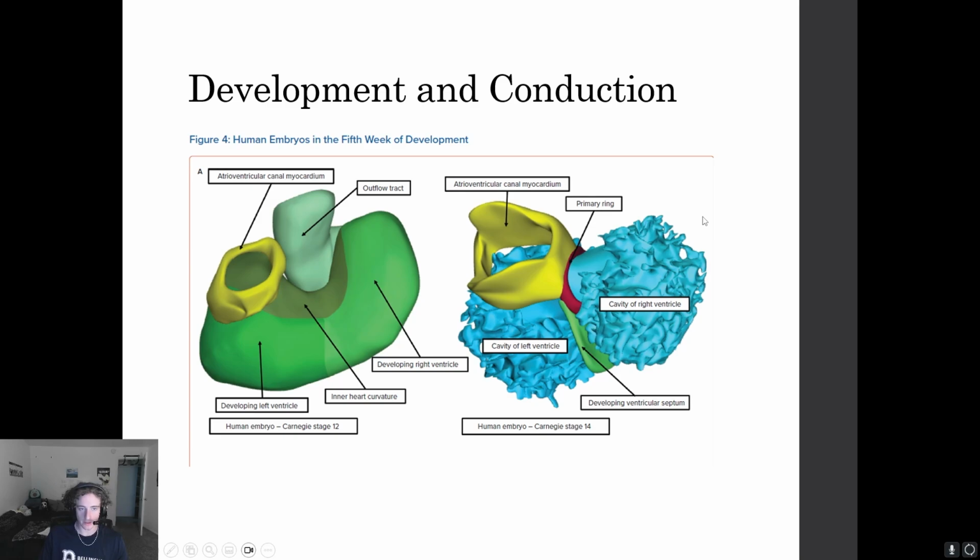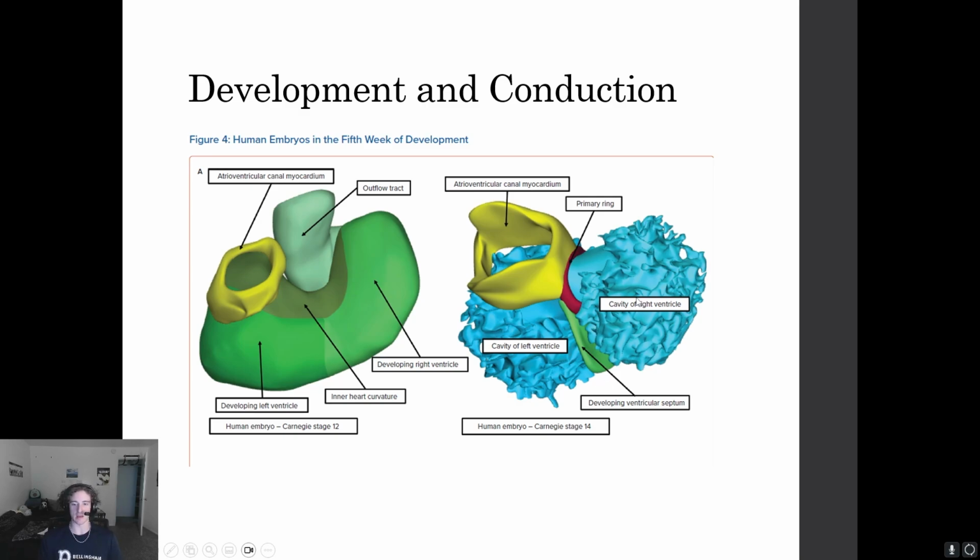So we got this primary ring that's formed, right? What is it? We got to get this down. Primary ring is the specialized cardiomyocytes that are going to form the AV conduction axis, okay? So what's going to happen, right? If we have an atrioventricular canal myocardium that goes into the left ventricle, and the flow is atria to left ventricle to right ventricle, and then outflow tract, but we also have this developing ventricular septum, what needs to happen?